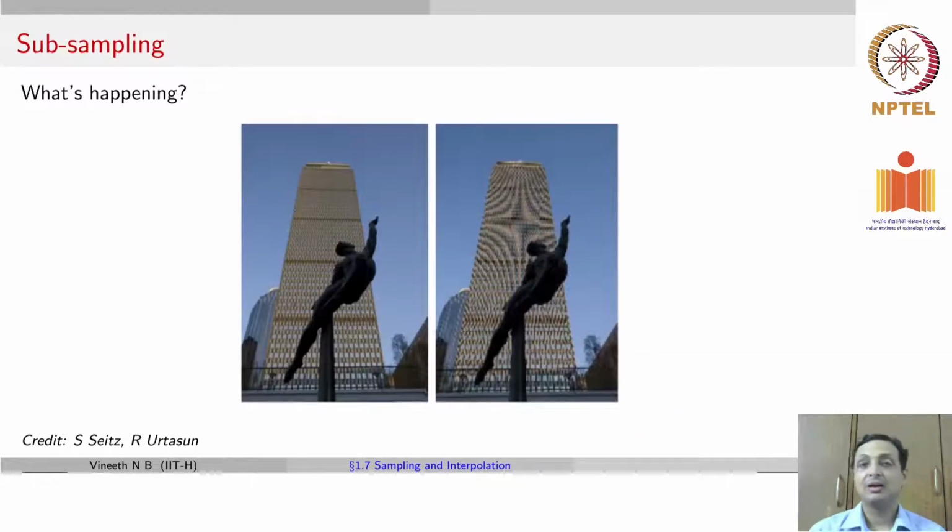Okay, let's wait for the answer for a moment, but let's also see another example of an effect such as this. Do you know what is happening in this kind of image? So this is the original image. We have subsampled in some way and you get an effect such as this.